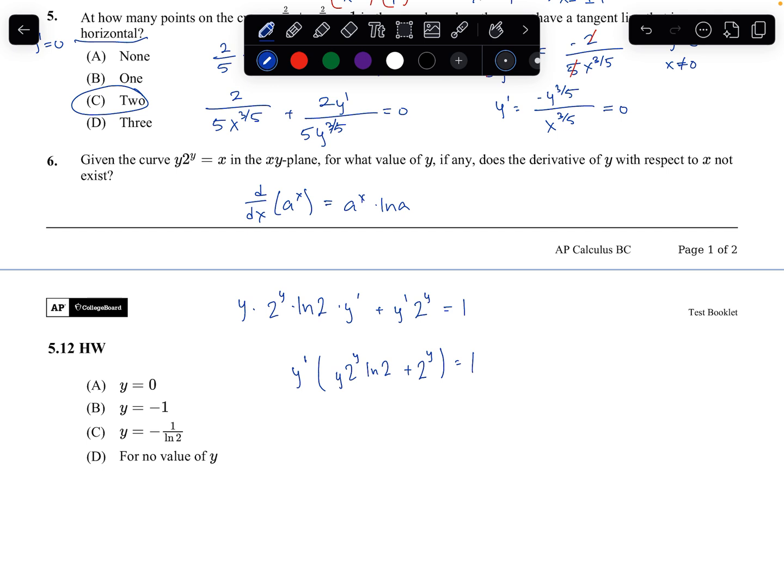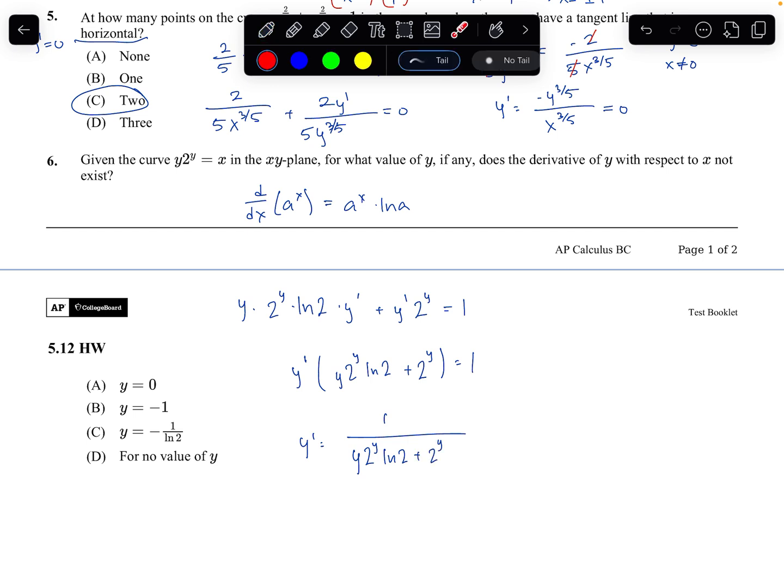And then I can divide by all of that right there. So this is going to be y prime is equal to 1 over y 2 to the y, natural log of 2, plus 2 to the y.